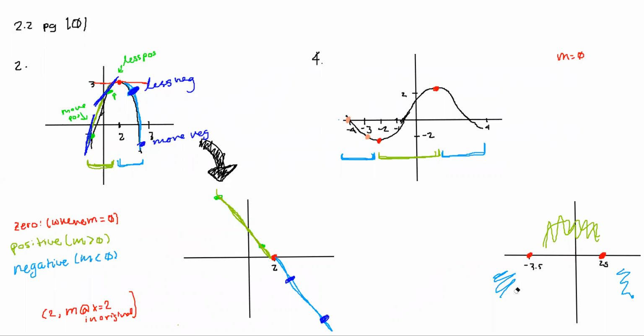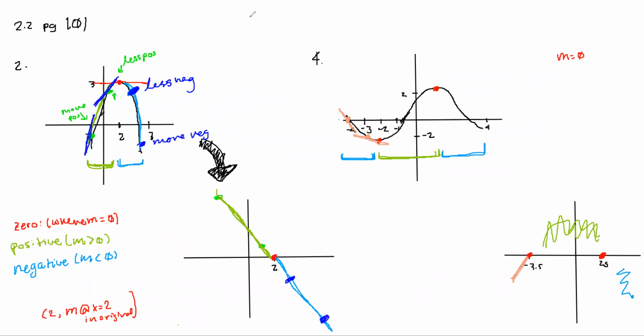At -3. Is the slope more negative at -3? If I were to draw this slope versus if I were to draw this slope. Oh, okay. No, -4. Yep. Which means I am approaching 0, right? So I'm going to have something that looks like that.